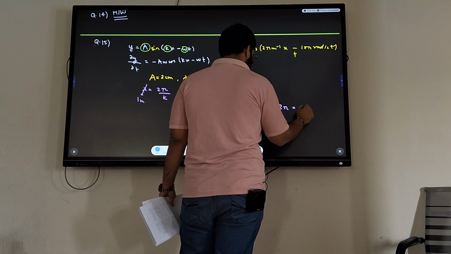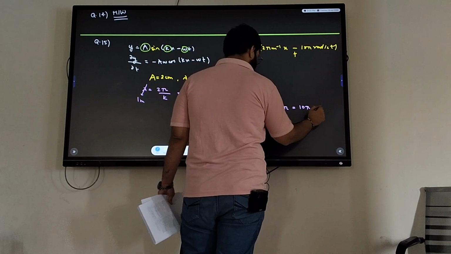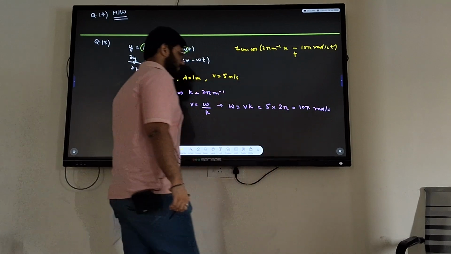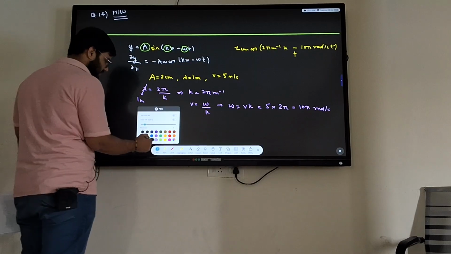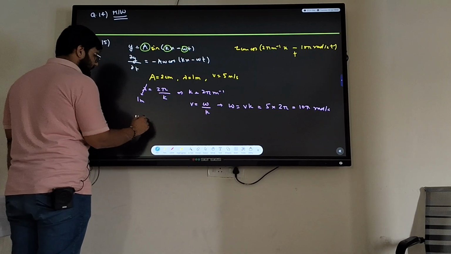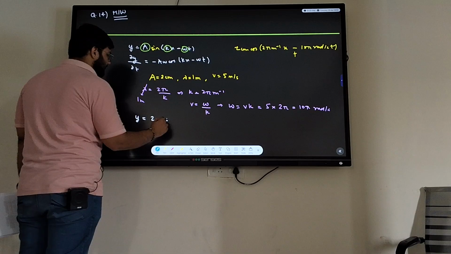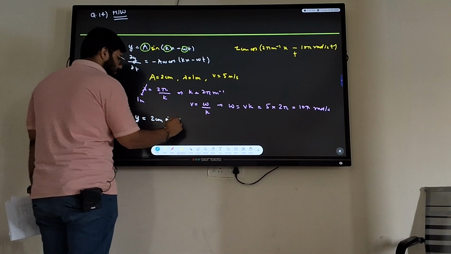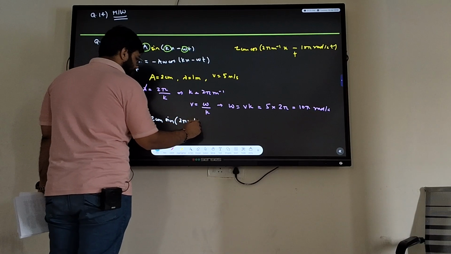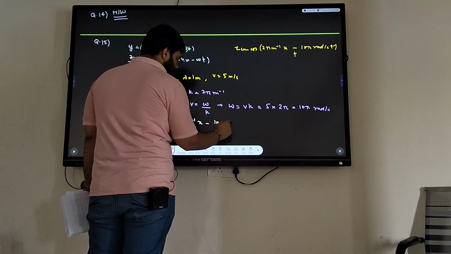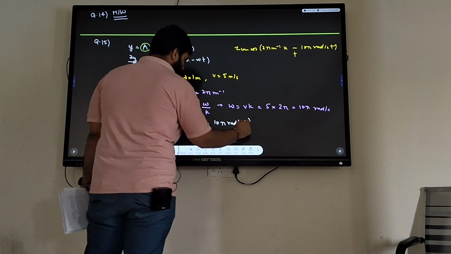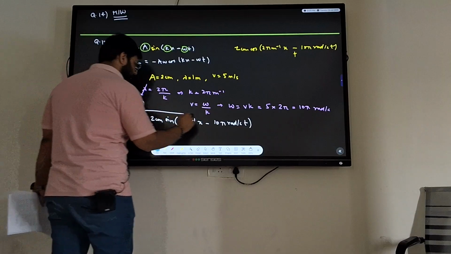So that's 10π radians per second. I'm done with the question. So y should be 2 centimeter sine of 2π meter inverse x minus 10π radians per second t. This is my correct function.